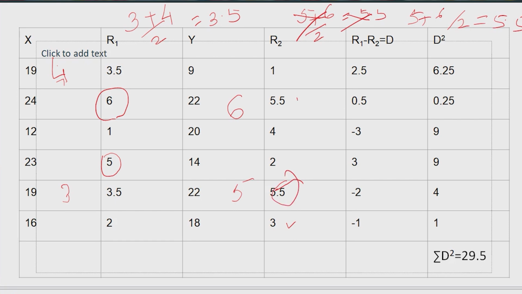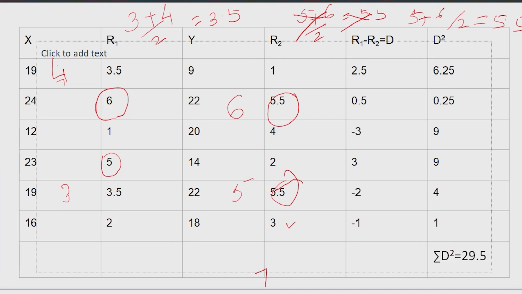So I have given 5.5 to both. Now 5 and 6 have already been given. So the next rank, if there had been a higher number, now in this case there is no higher number than 22, but suppose there was a 24, you would have given it a rank of 7. Okay, but in the present case we can see the highest ranking is 6.